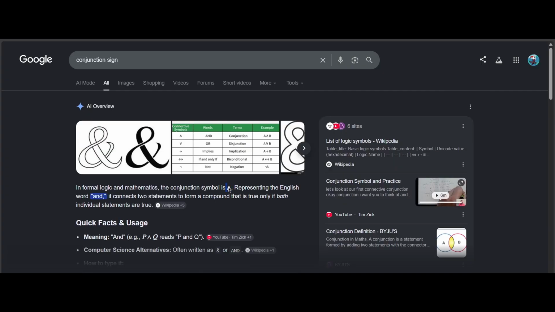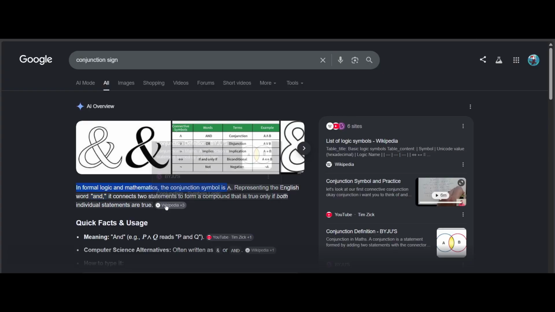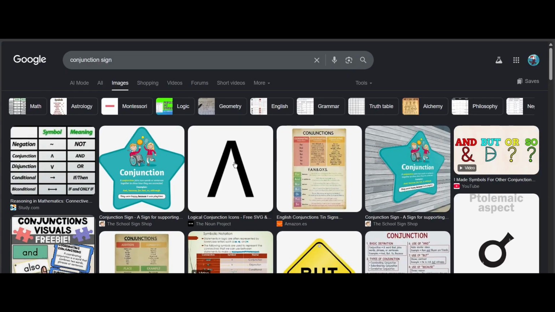Conjunction sign, if it helps for you to understand it more, let's just type it out as an A, but the symbol, the conjunction sign, is sort of like an A, but without the intersecting line.